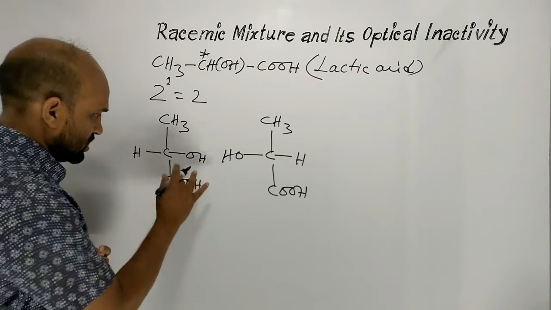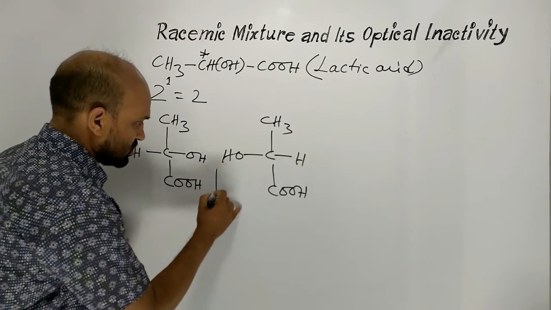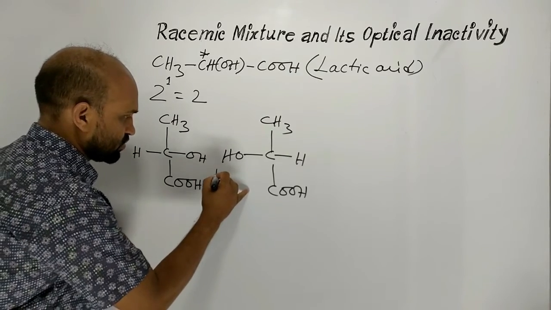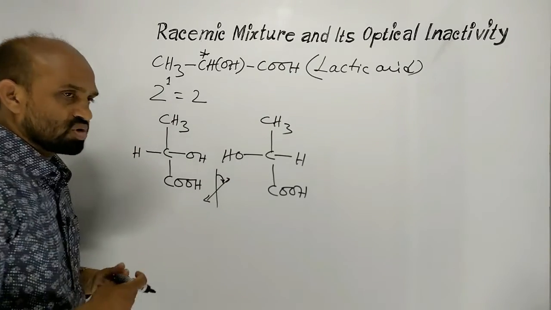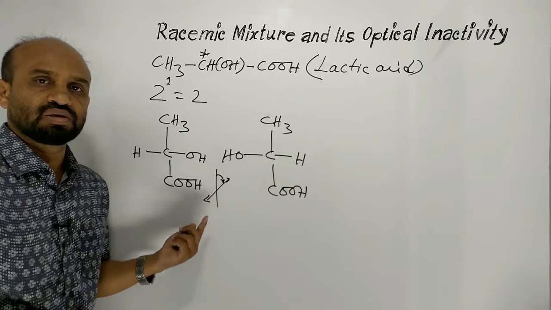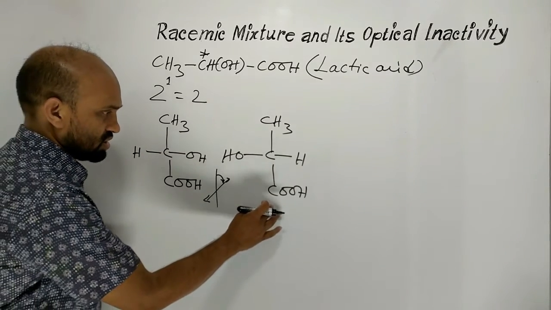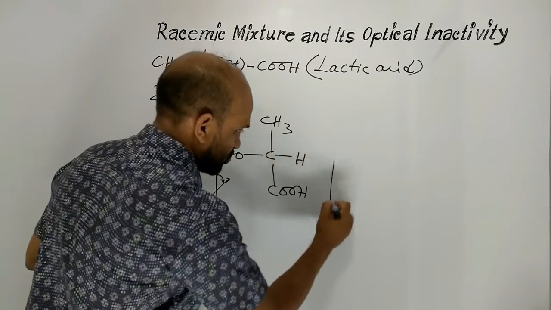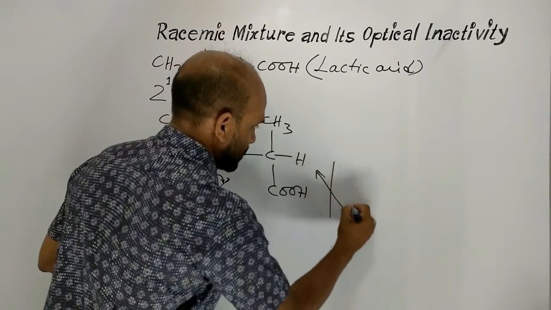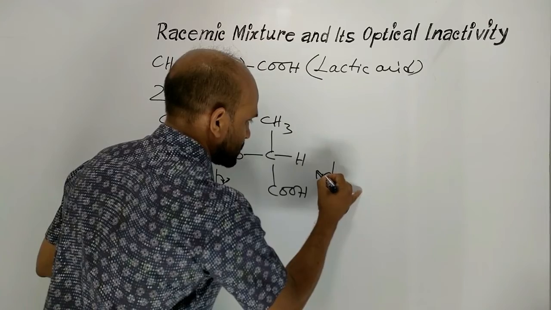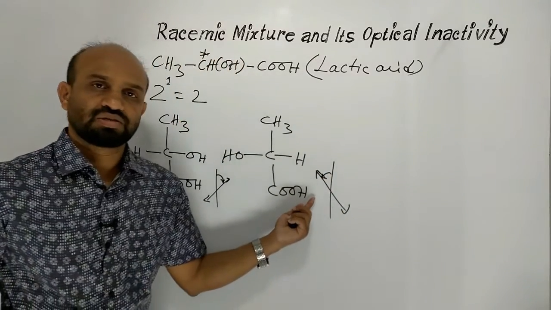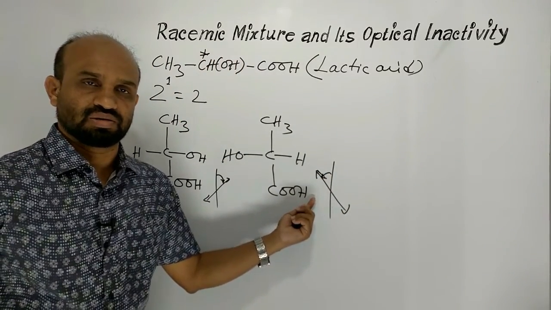That is why this isomer rotates the plane of the polarized light towards right, that means clockwise direction. And another isomer rotates the plane of the polarized light towards left, that is anti-clockwise direction.